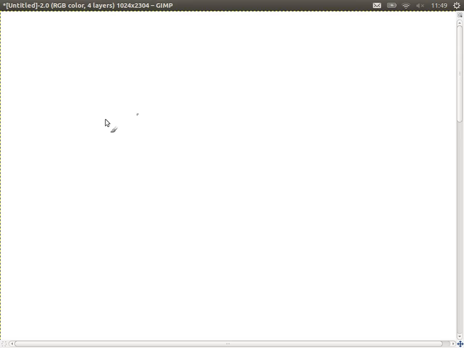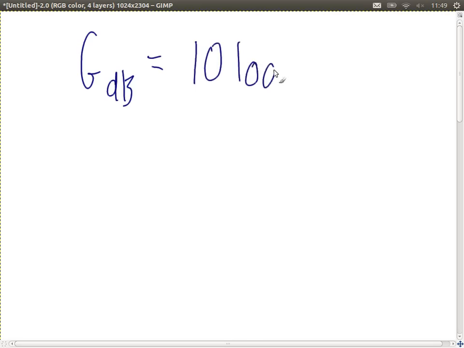Some new notation. Remember our general equation for gain. The gain in dB we calculated as 10 log base 10 of one power level divided by another. Where we spoke about gain, we said P out divided by P in.